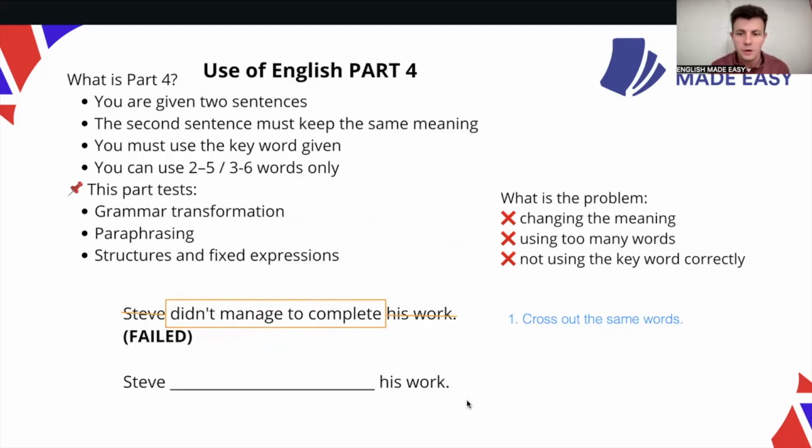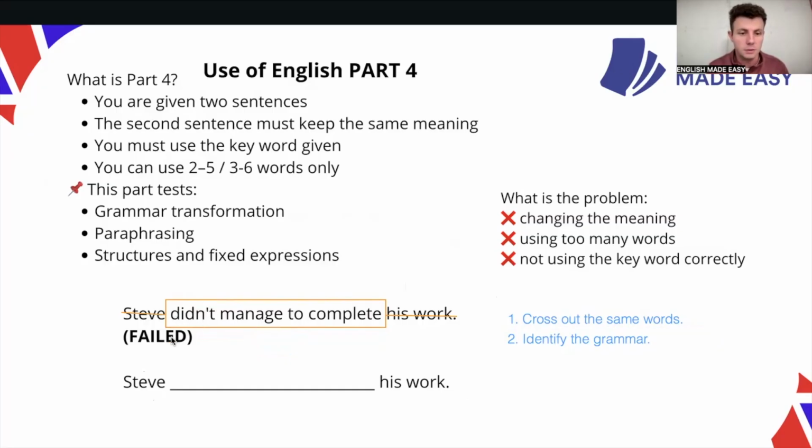Okay, so number 2, what I would suggest is to identify the grammar. Very important. Identify the grammar. If you can identify the grammar, it doesn't always work, but if you can, it really helps with your structure. Okay. In this one, Steve didn't manage to complete his work.